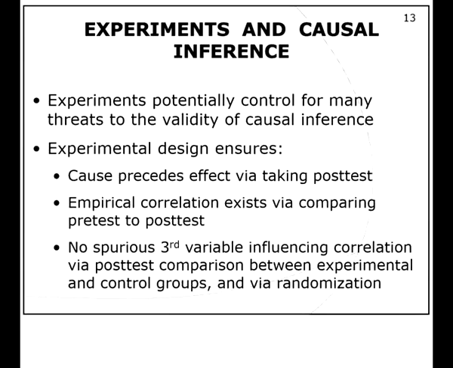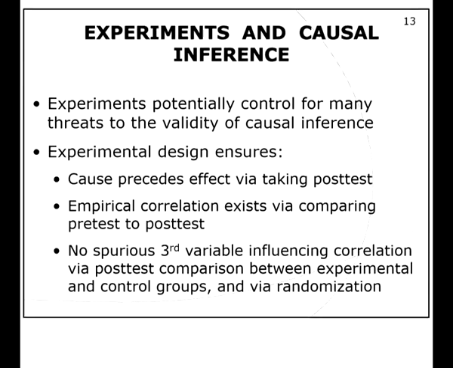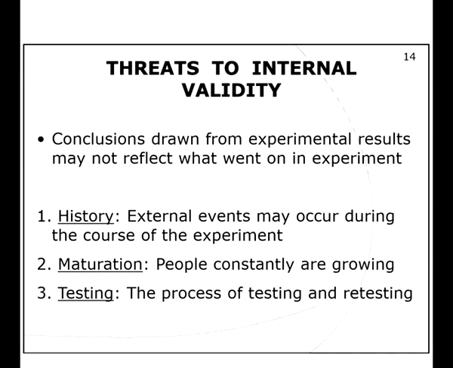So, as I already said, experiments and causal inferences potentially control for many of these things that are really big threats to our causal inferences. The threats can be due to conclusions drawn from experimental results that may not reflect what went on in the experiment.